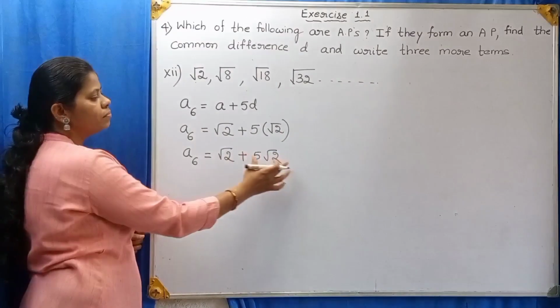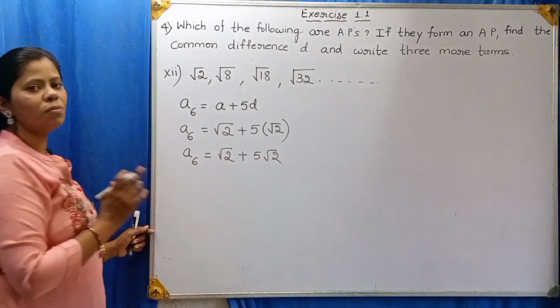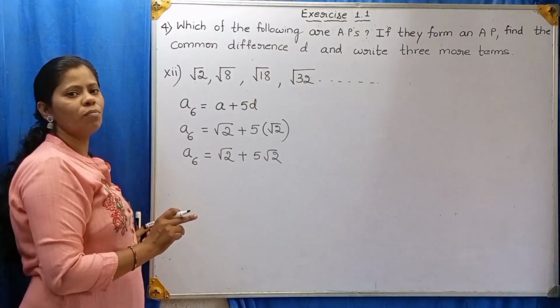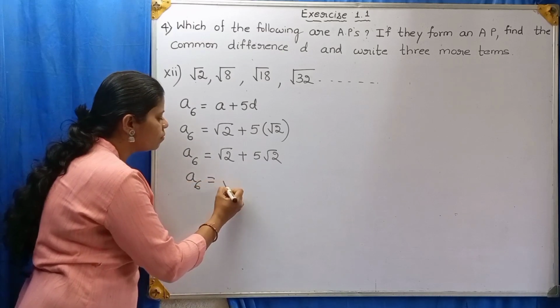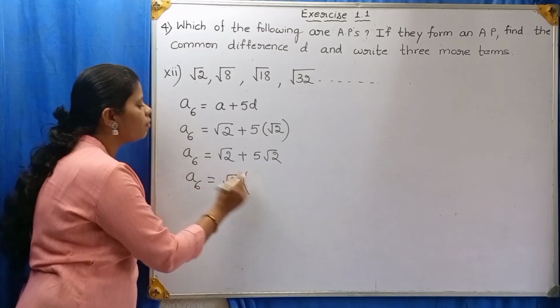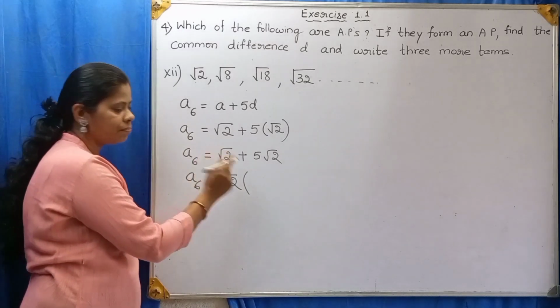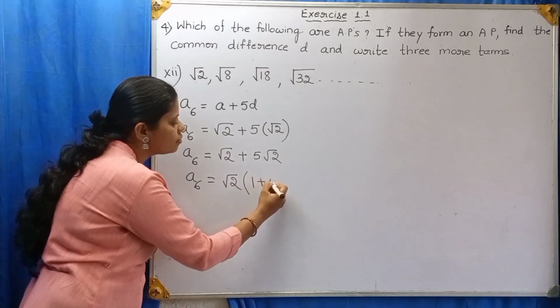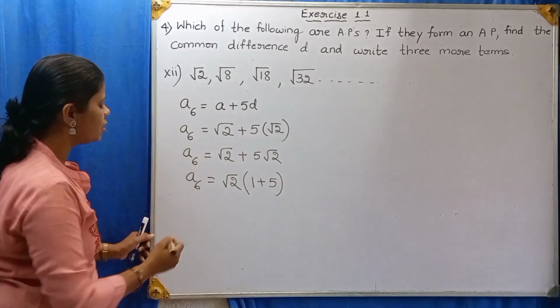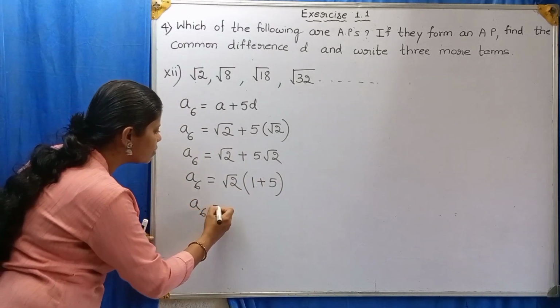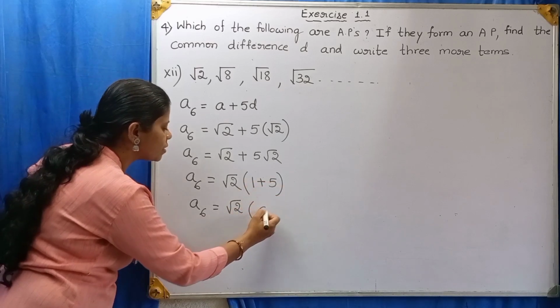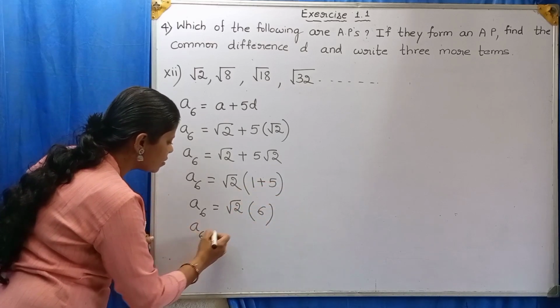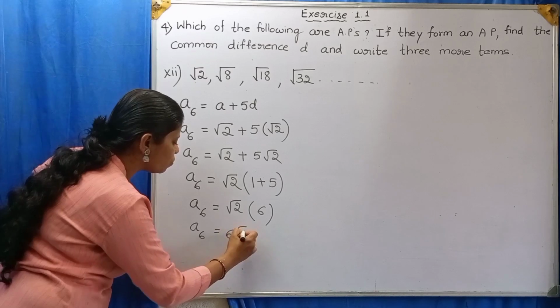This is one term, this is one term. Which is common in both? Root 2 is common in both. That is a6 is equal to root 2. Then what is left here? 1. 1 plus 5. That is a6 is equal to root 2, 1 plus 5 is 6. a6 is equal to 6 into root 2.